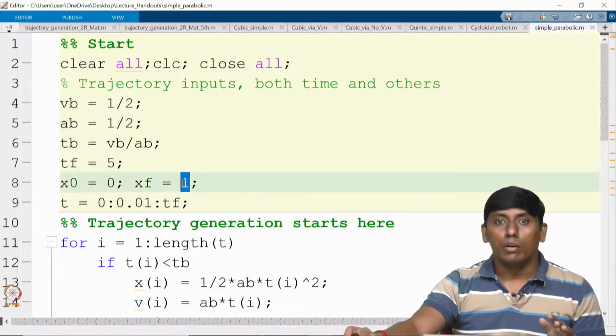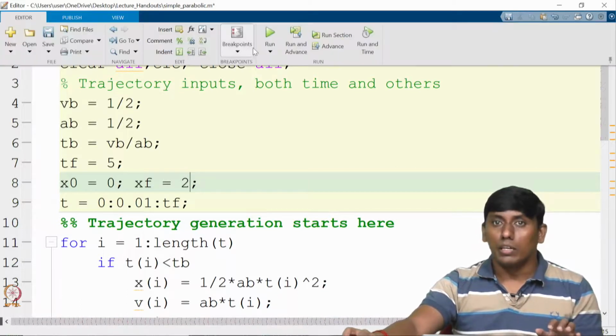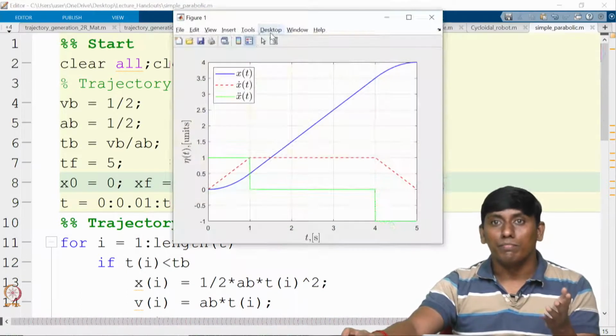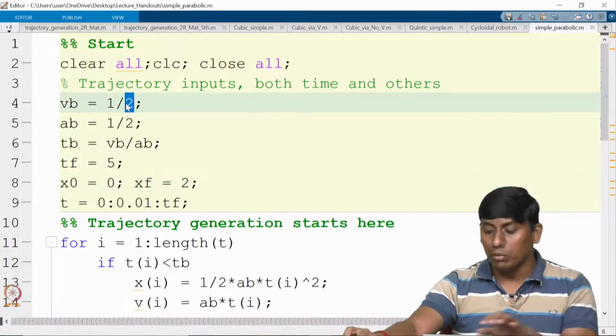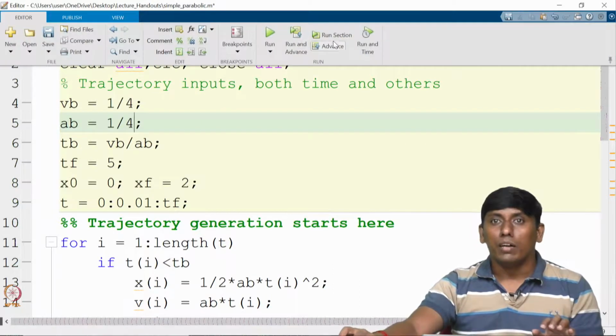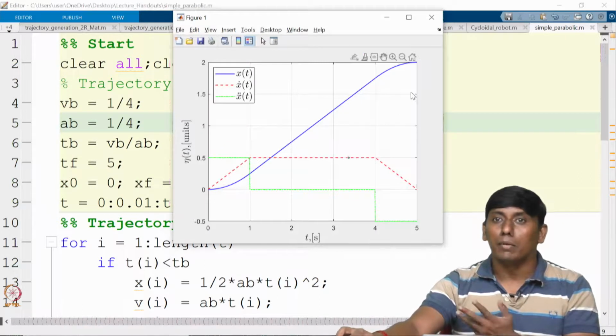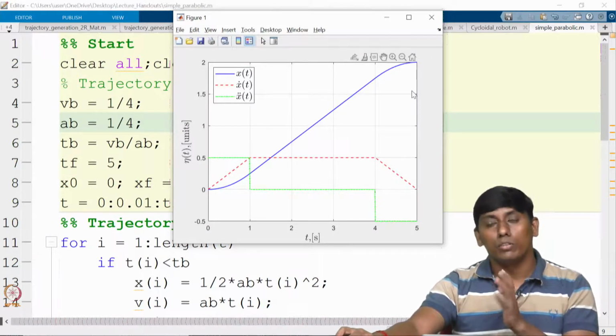Now I make this go to 4. If I make it 1 by 4, it will remain at that aspect. You can see it is remaining 2 meter per second, or 2 meter.